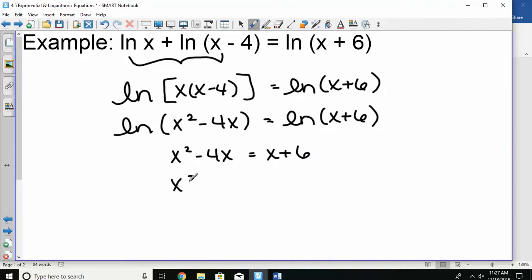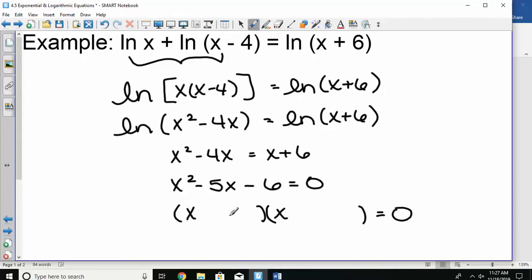So subtract over the x and the 6, because we always set our quadratics equal to 0. Box method. What multiplies to -6 and adds to -5? 6.